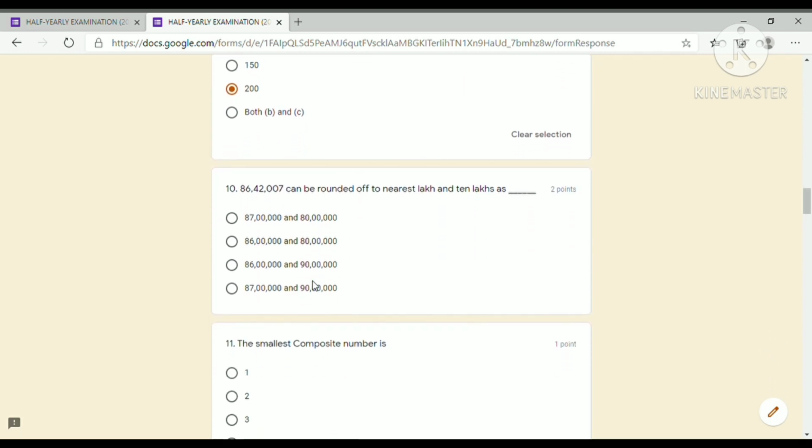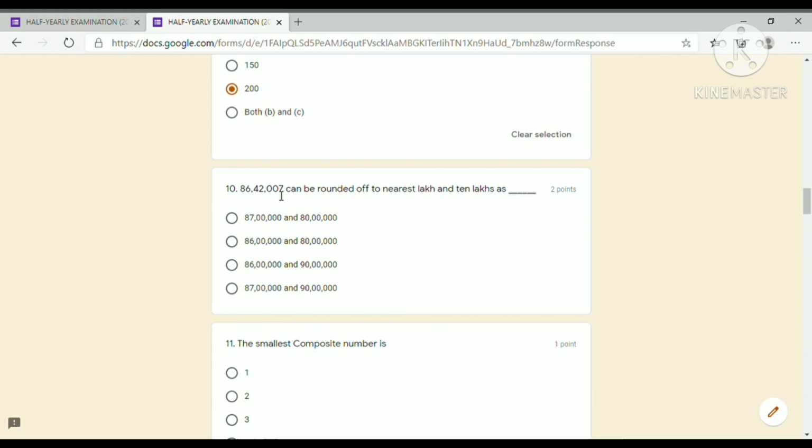86,42,007 can be rounded off to the nearest lakh and 10 lakh as. Okay, see here two answers we have to write. That means we have to round it off to the nearest lakh also, and to the nearest 10 lakh also. In order to round off to the nearest lakh, we check the digit at the 10,000s place.